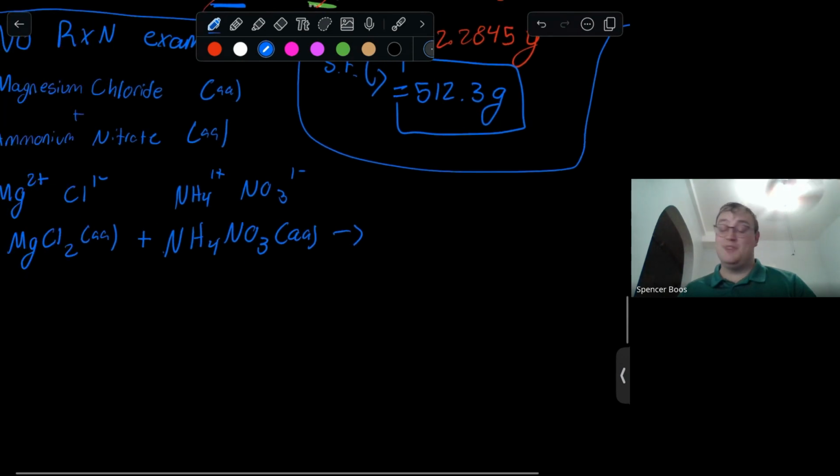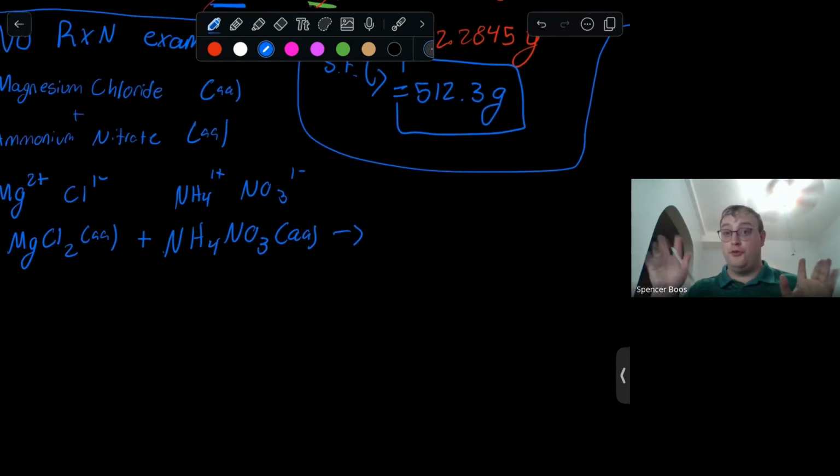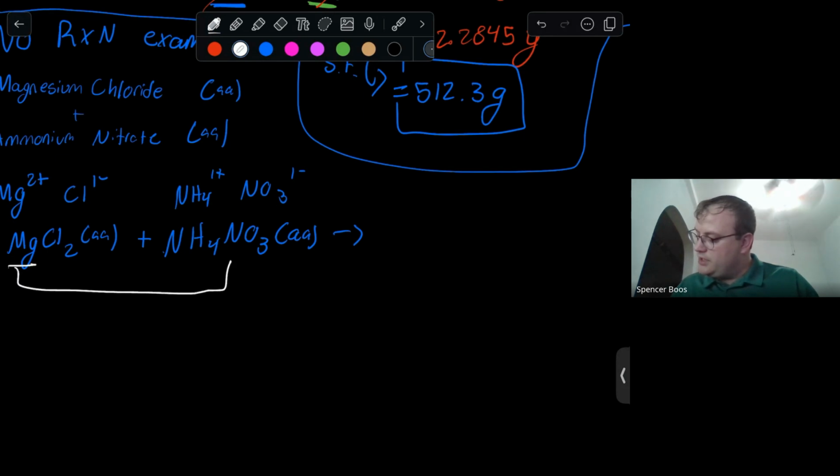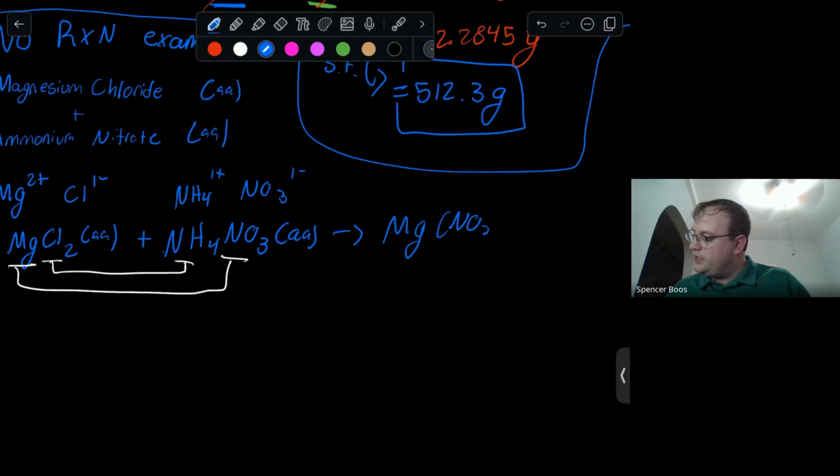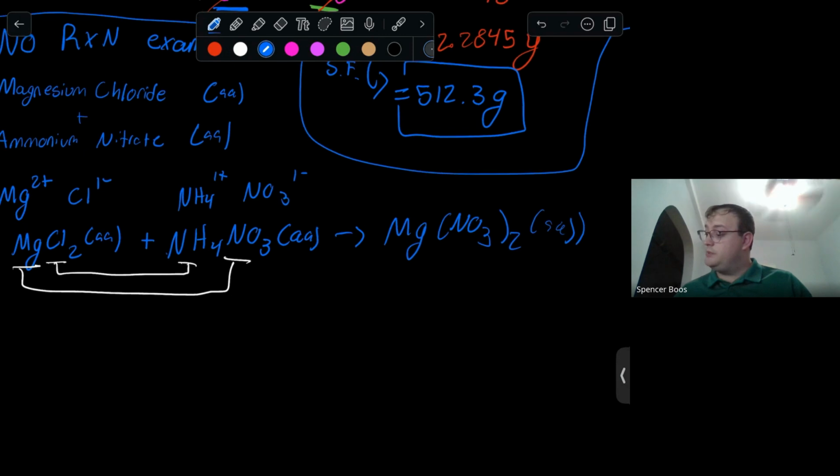Now I have to do our foil-esque type of deal. My magnesium goes here and my chlorine goes here, and I get Mg(NO3)2 aqueous. I know it's aqueous because all nitrates are aqueous, right? That's from that little half sheet.